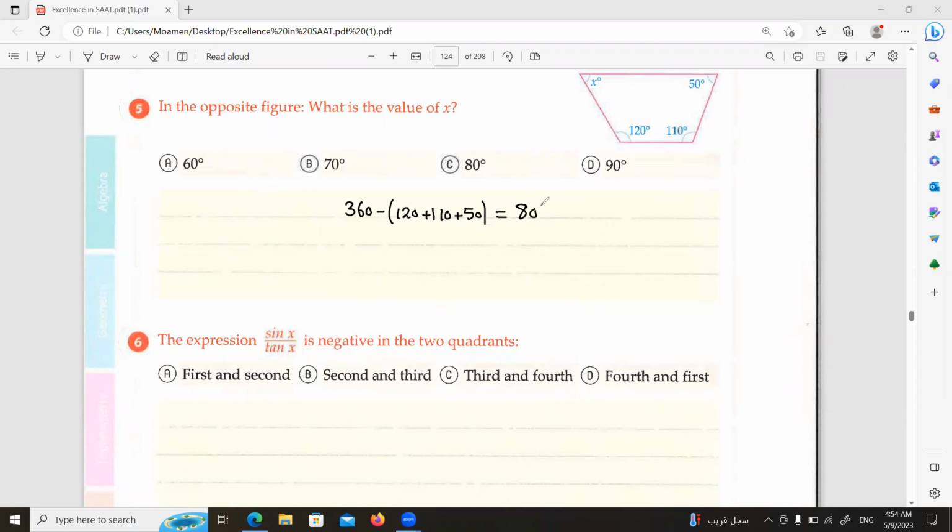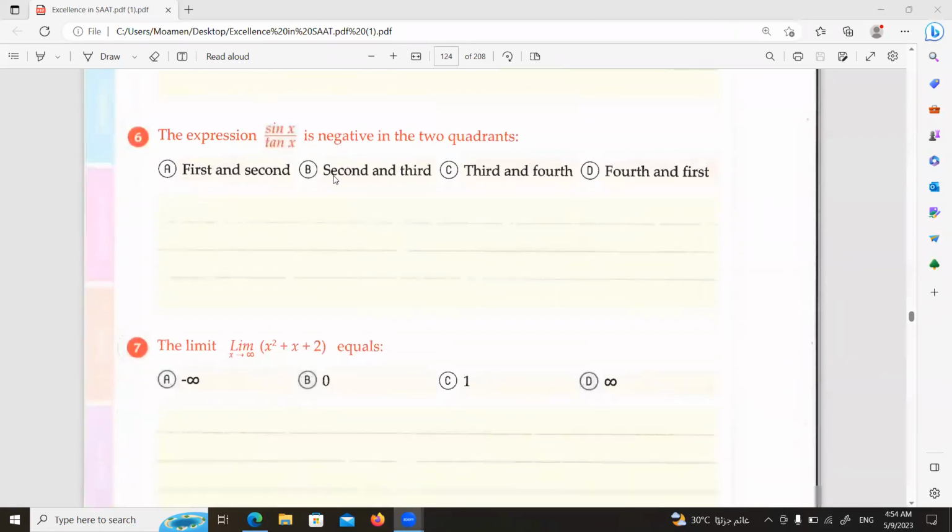So the result here will be 80. To get the value of the missing angle, I take the sum of the measures of the interior angles of the quadrilateral, which is 360, and then subtract the given angles.